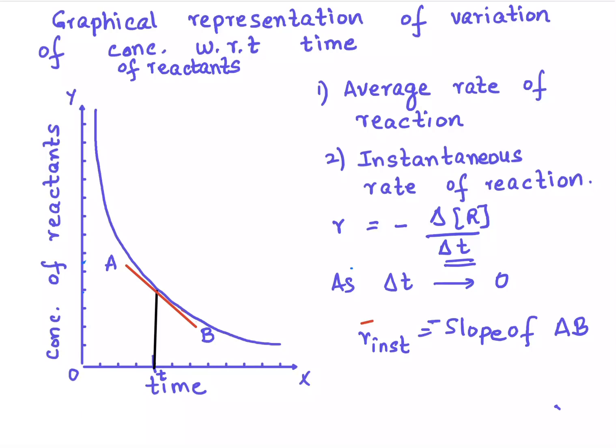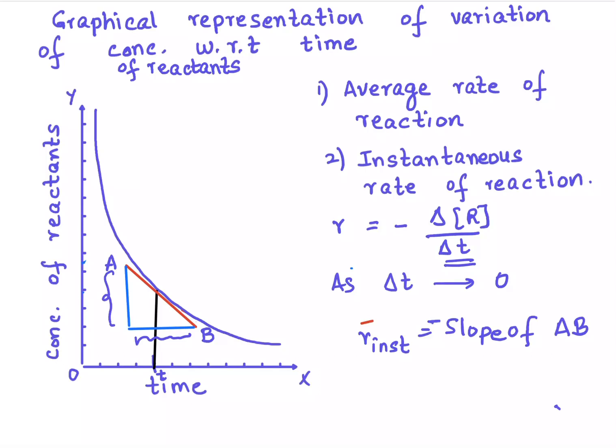How do you determine the slope? Yes, you're going to complete this triangle, and there we go. Slope is the perpendicular divided by the base, which gives you the instantaneous rate of the reaction.